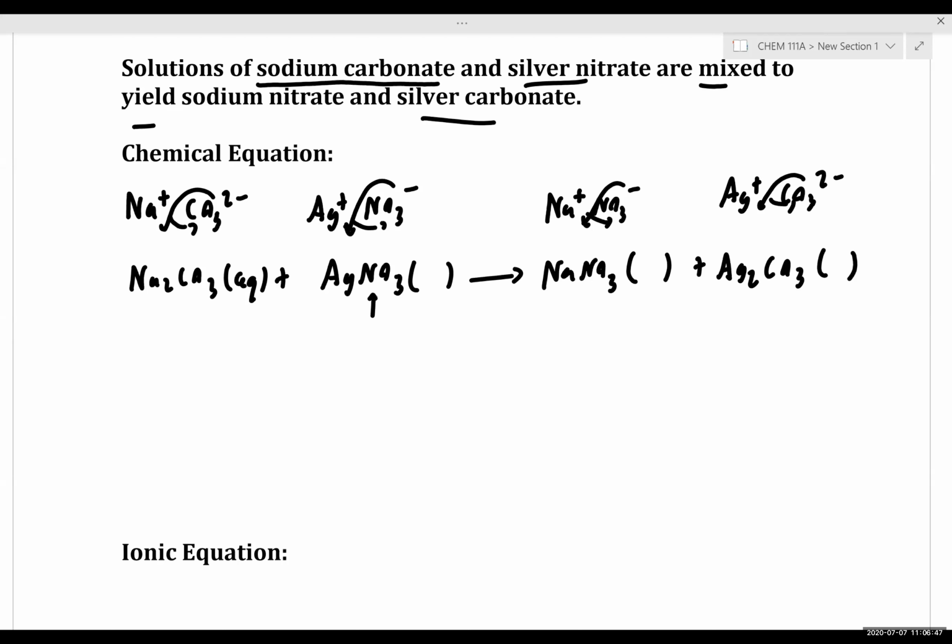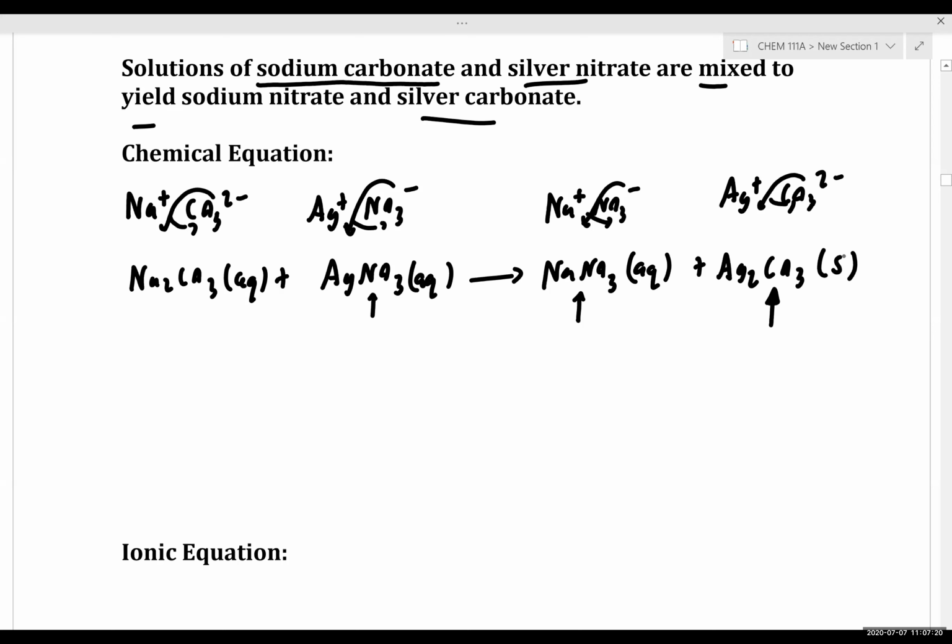And don't be shy to share your responses in the chat or verbally. Yep, it's soluble. It gets the aqueous symbol. Sodium nitrate, it's a sodium salt and a nitrate salt, so it gets the aqueous symbol. Silver carbonate, are carbonate salts in general soluble or insoluble? Insoluble, so it gets a solid symbol.